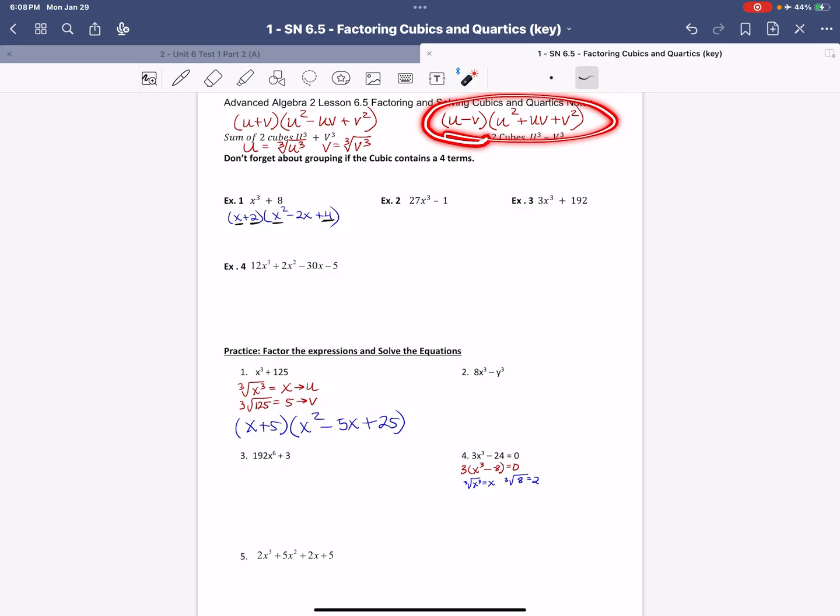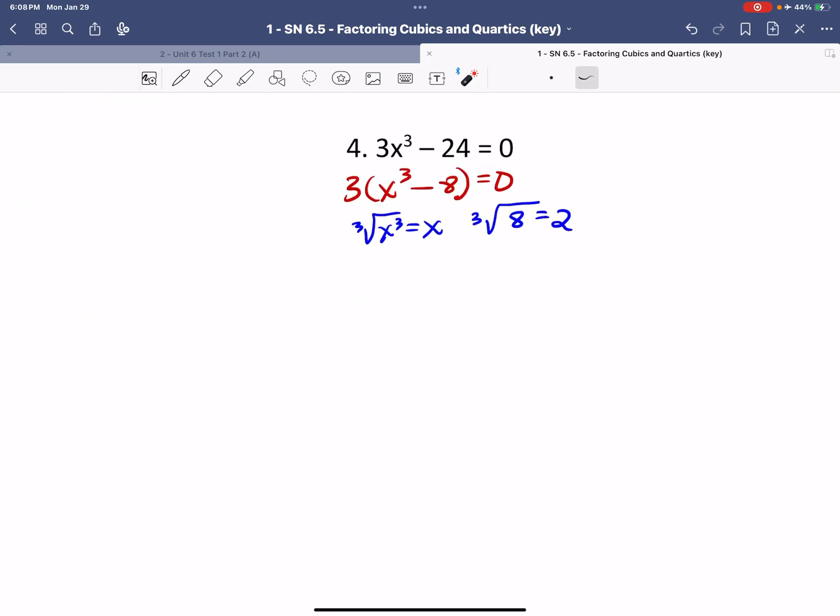Okay, so look up there for your formula. What is going to be my 2 factors? My factors are going to be x minus 2 times x squared plus 2x plus 4 equals 0. So there's me factoring a difference of 2 cubes.